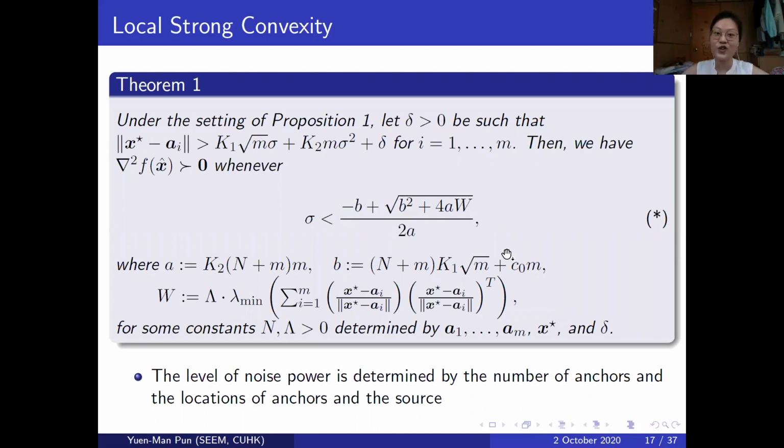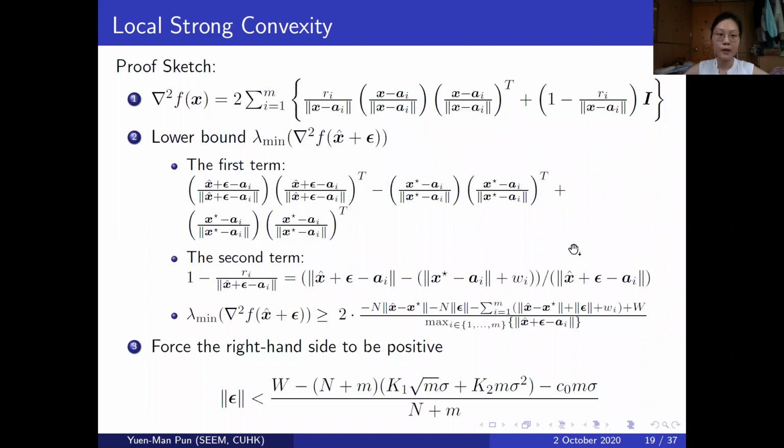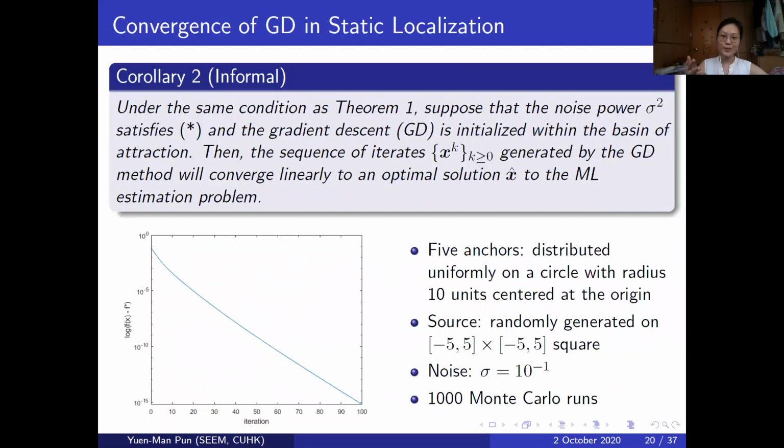And that's why we can get this theorem proved. Okay, so as I have mentioned, with the local strong convexity results, we can have some implications even for the static localization problem. As we remember, we have the linear convergence in gradient descent for strongly convex functions, right?